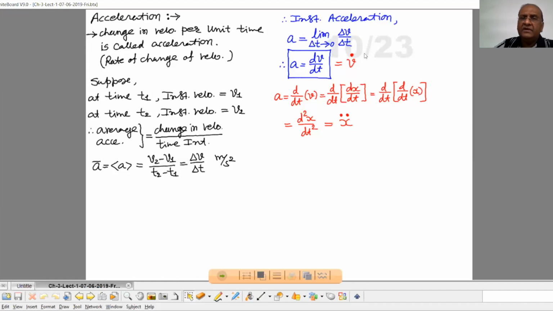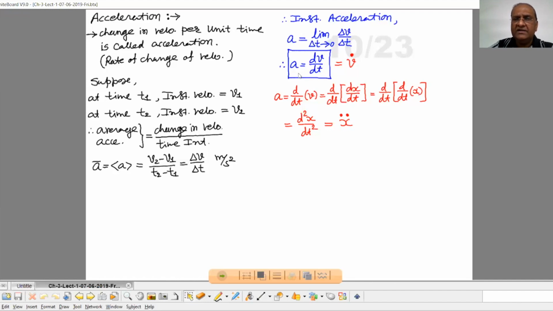Now, the concept of instantaneous is the same as we discussed in the previous theory. Instantaneous acceleration: we have to calculate this ratio delta v by delta t for an infinitesimally small time interval. And that is instantaneous acceleration a equal to limit delta t tends to 0 of delta v by delta t.